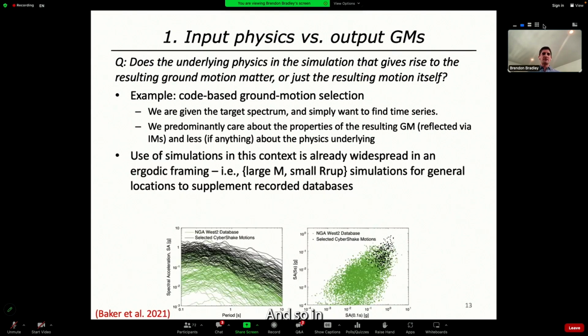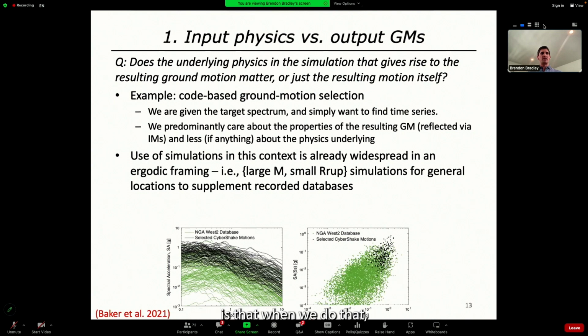In this particular application, the use of simulations is already widespread, where we typically take large magnitude, small source-to-site distance ruptures and add those to existing recorded databases that are naturally sparse in that particular magnitude-distance range, to supplement those databases. And again, Chiara in particular was providing a nice illustration of that from an Italian context.